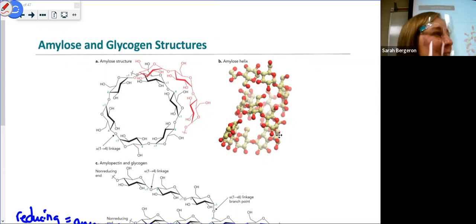Y'all don't have any of those at home anymore, right? The cords on the landlines, exactly. So that's the spiral that amylose has. It is linear. It does not branch, but it does spiral. So we call it linear, but it has a helical shape, right?